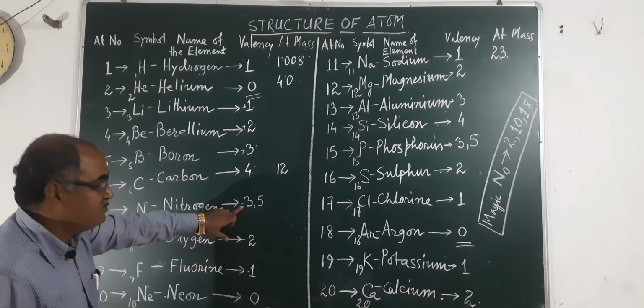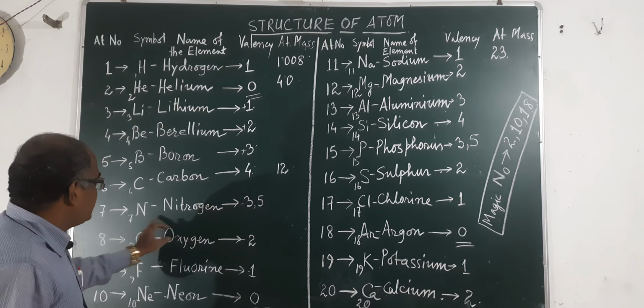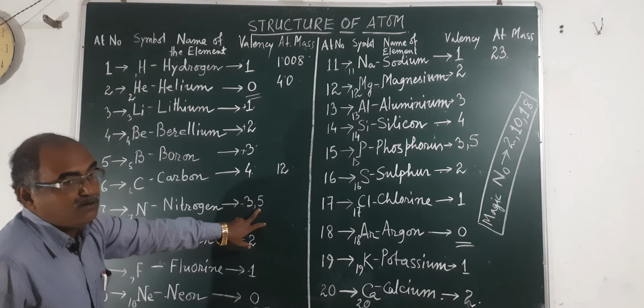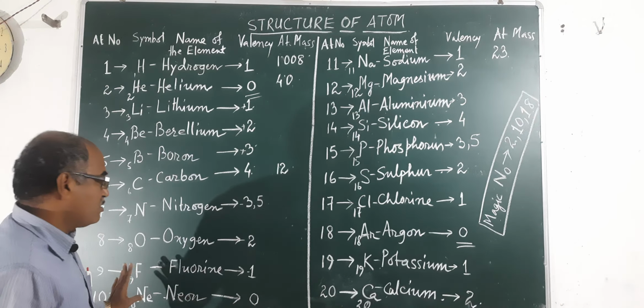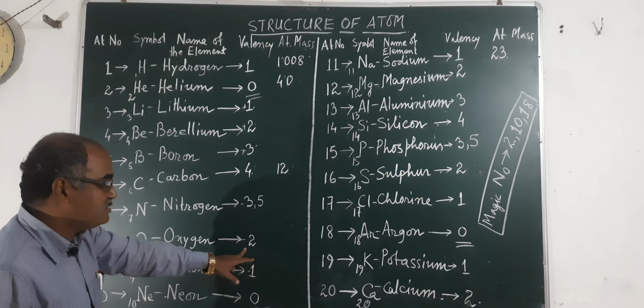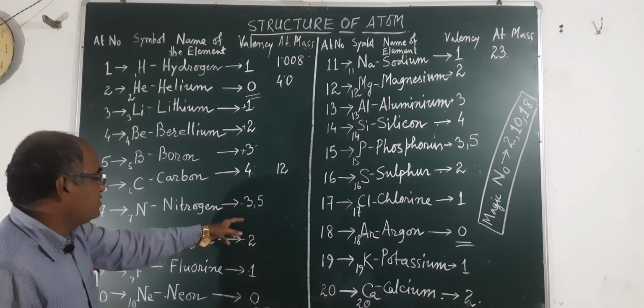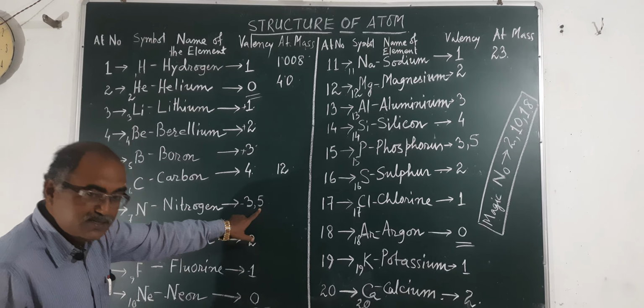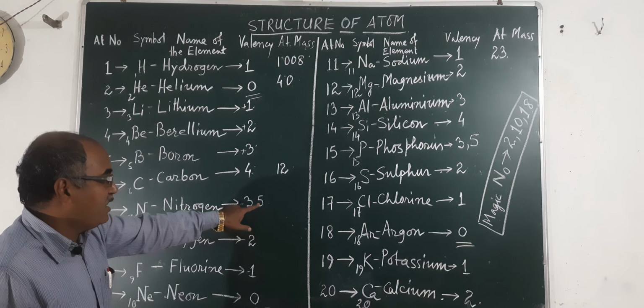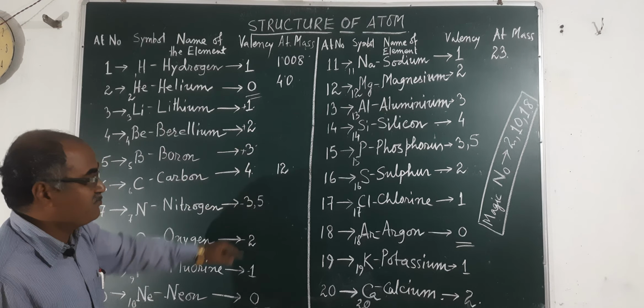When these are negative, then they are non-metals. Nitrogen sometimes shows 5 valencies when forming a compound with oxygen, because oxygen is more electronegative. Whenever nitrogen shows 5 valencies, it acts as a positive valency, plus 5.